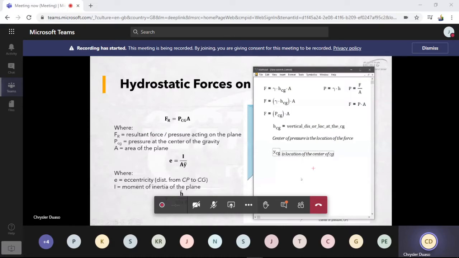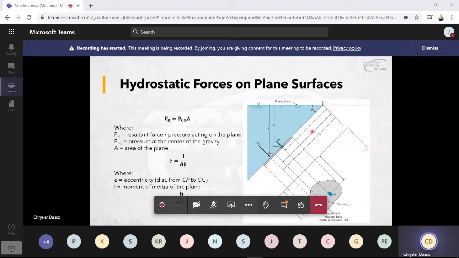Now, if you look at this, y bar is equivalent to h bar over sine theta. That is not actually a formula, but it comes from considering a triangle, with h bar, y bar, and the angle theta. Alright? Now, what will happen if your theta is 90 degrees?